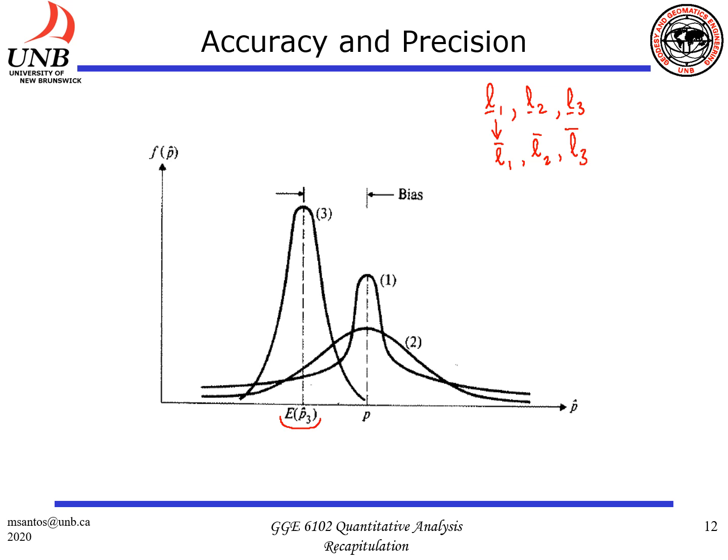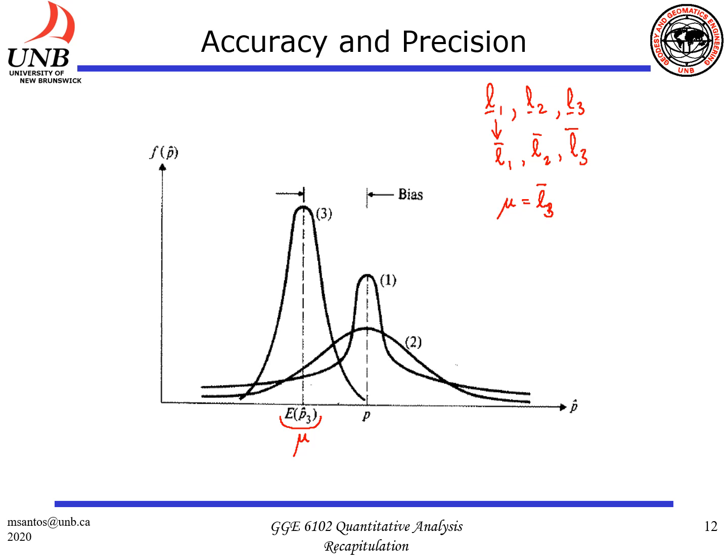Here we have a population value, the expected value of these observations. Let's use mu. Mu is the population mean. We can say that the population mean equals the mean of sample 3, L3.